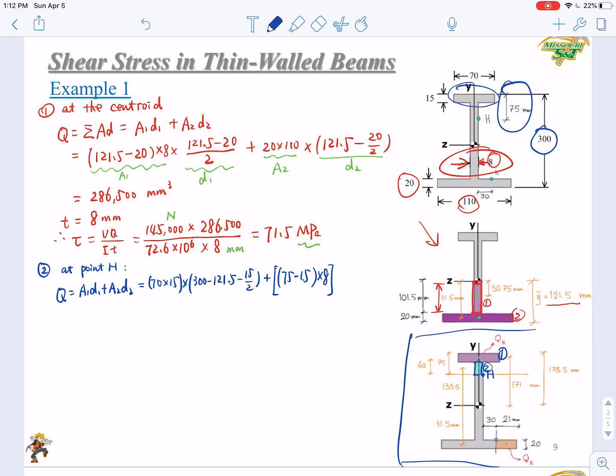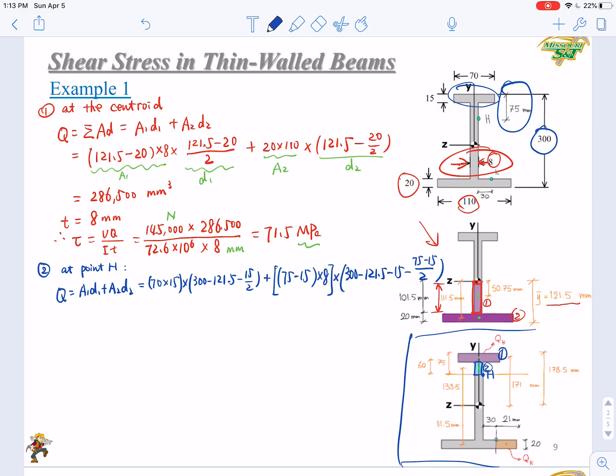And D2 will be from the global centroid to the local centroid, so that will be 300 minus y bar, then minus 15, the thickness of the top flange, then minus half of the height of the sub area, so that is 75 minus 15 over 2. So this is D2.